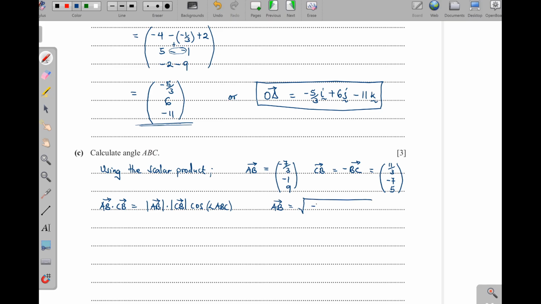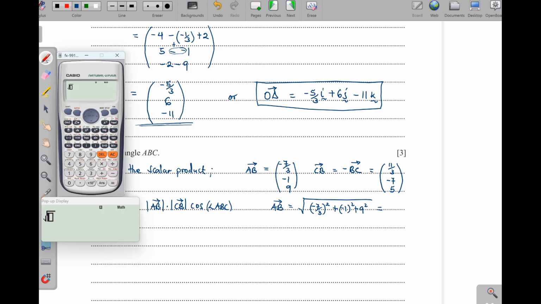Okay, now let us get the length of AB here. This one is going to be negative 7 over 3 squared, then plus negative 1 squared, then plus 9 squared. So what do we have altogether here? Square root. Then we have negative 7 out of 3. Then we square that, then plus 1, then plus 81.